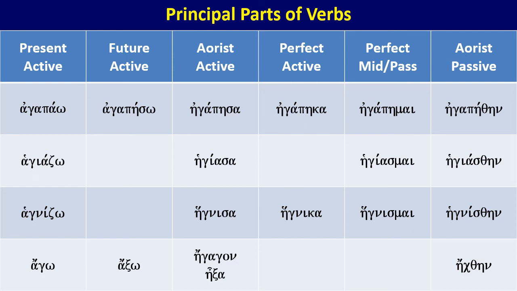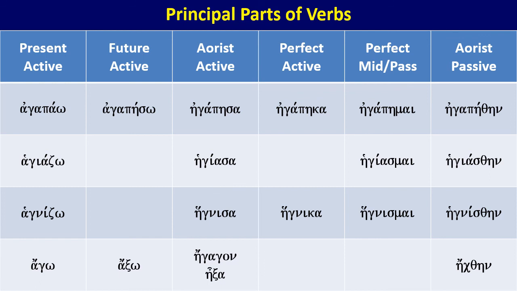So sometimes on the principal parts list, you will see 2 spellings under the same category, and that just tells you that there are 2 possible spellings for, let's say, the aorist here, but not necessarily for the future form, or the present form, or the aorist passive form of ago.